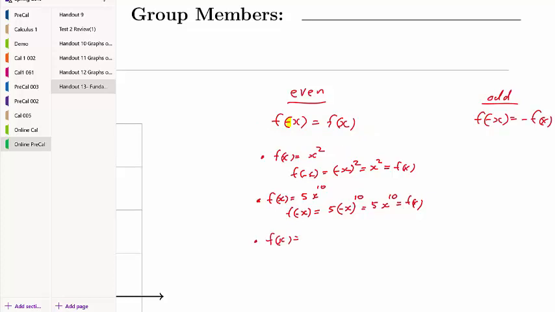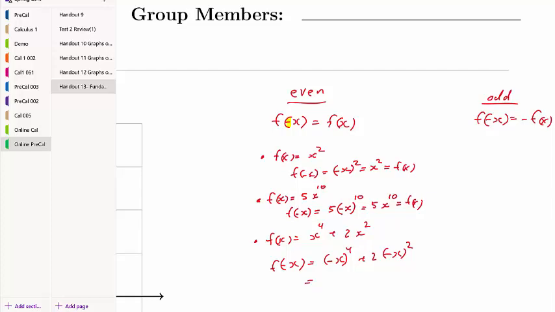Let's just do one last example here. We'll set f of x equal to x to the 4th plus 2x squared. And so when we plug in our negative x, we get negative x to the 4th plus 2 times negative x squared.